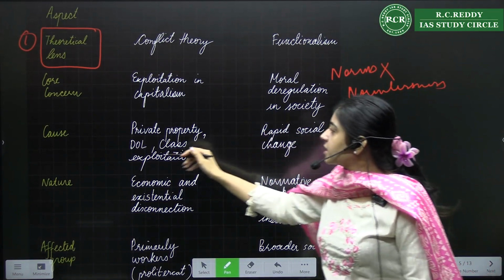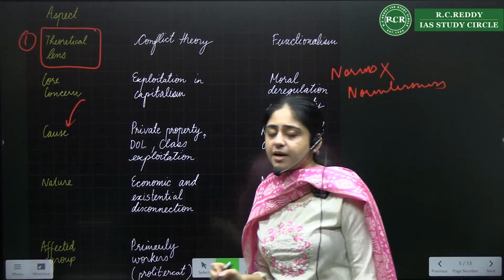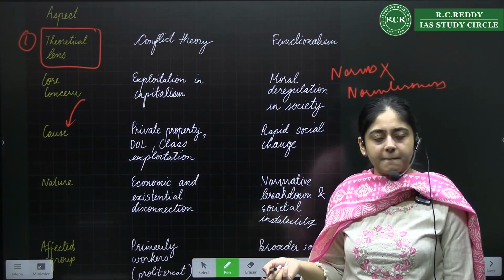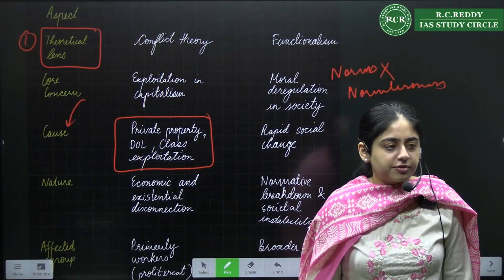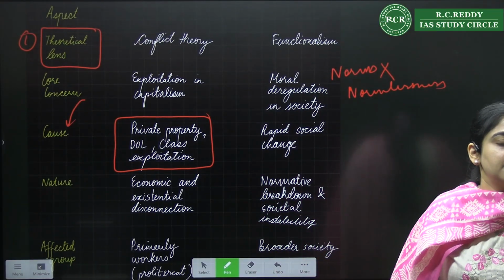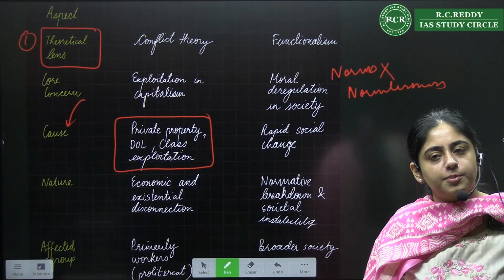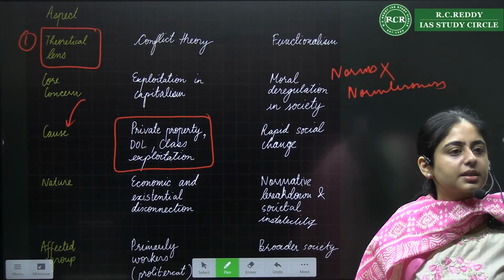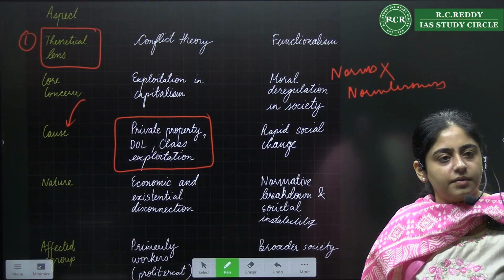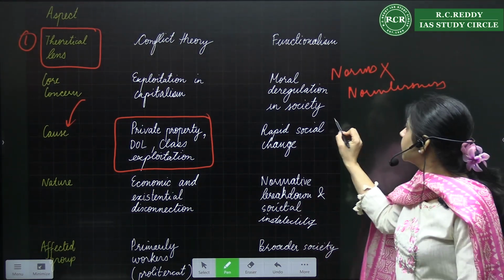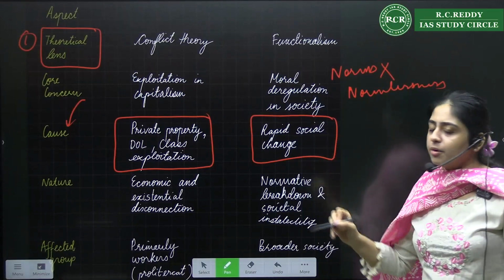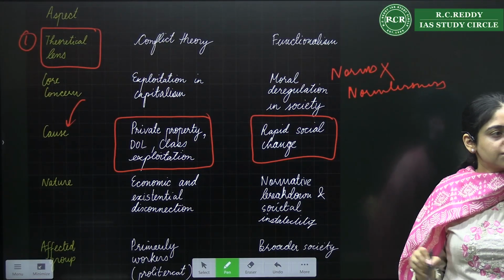Which takes us to the next parameter. What is the cause of this? For Marx, it is private property, division of labor, surplus value, capital, class exploitation, class polarization. All these things, in the end, lead to alienation of the worker, right? For Durkheim, anomie is due to rapid social change.